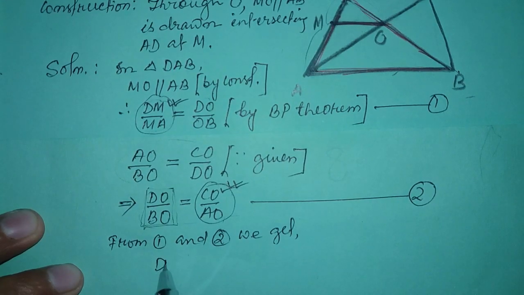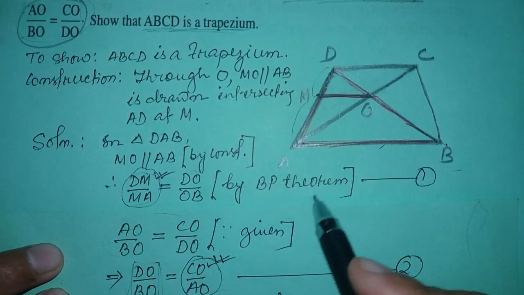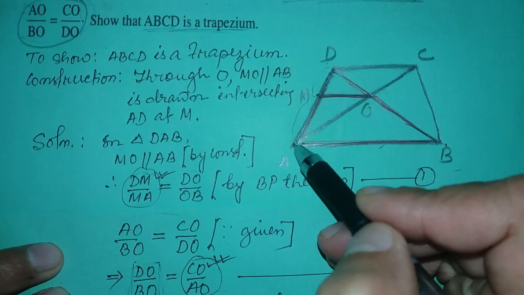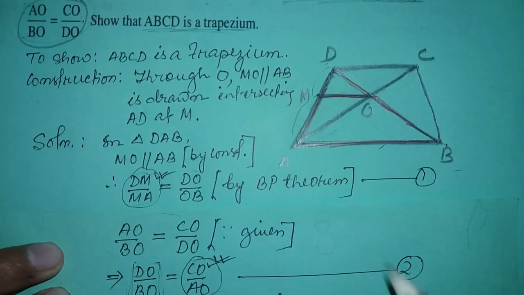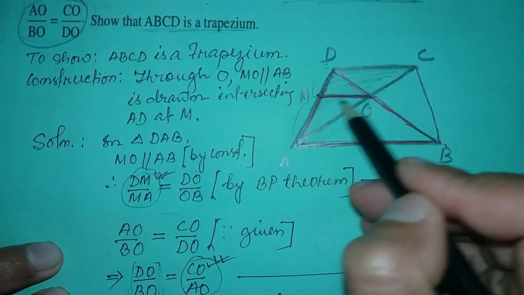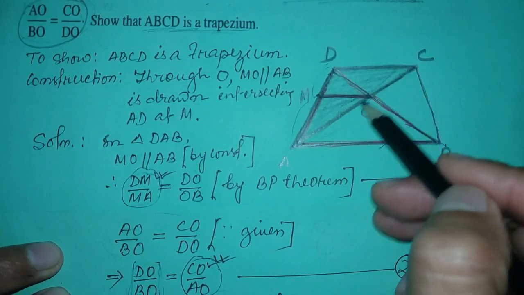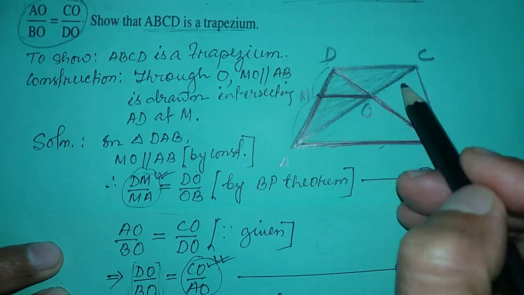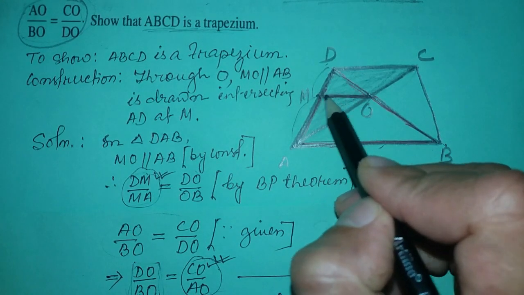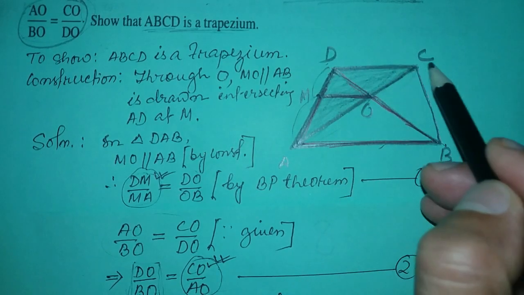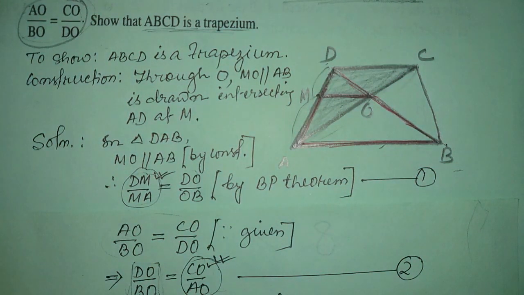So DM by MA is equal to CO by AO. What we got now is DM by MA is equal to CO by AO. So thus in this triangle, since DM by MA is equal to CO by OA as we got just now, these two lines will be parallel. That is given by the converse of the basic proportionality theorem.